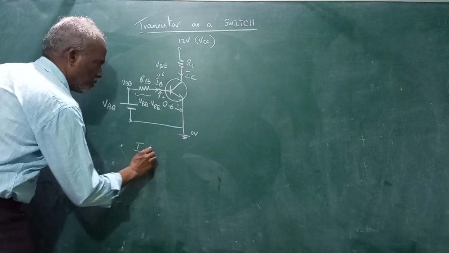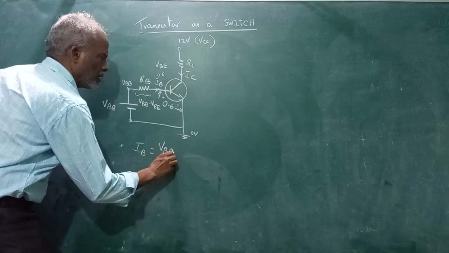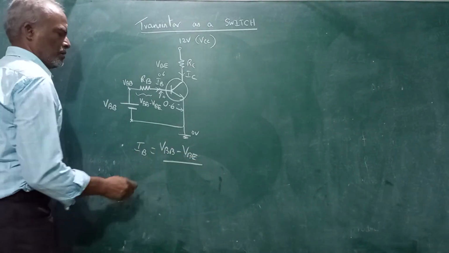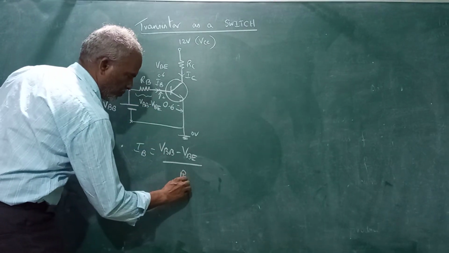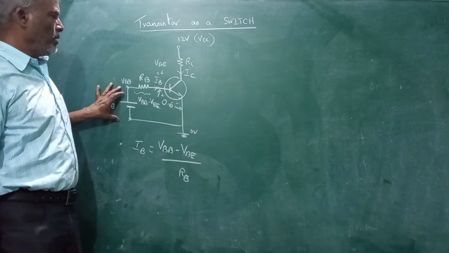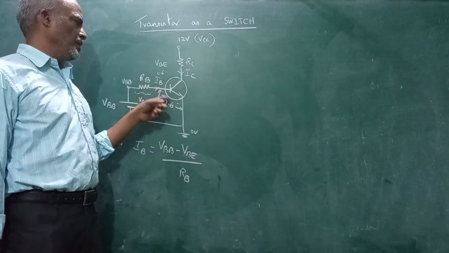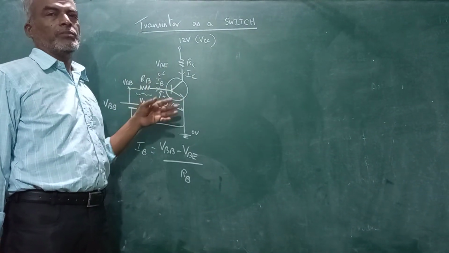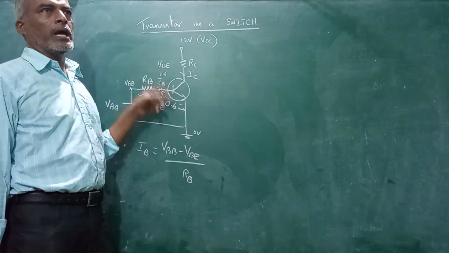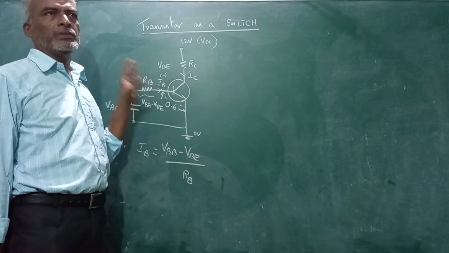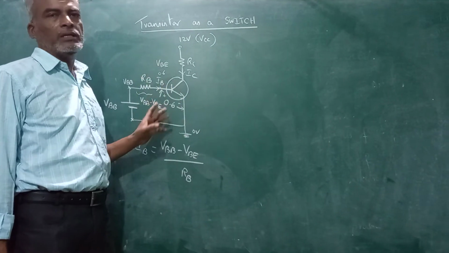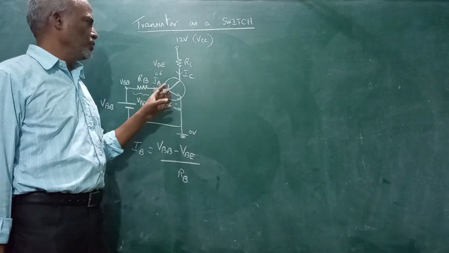IB is equal to VBB minus VBE divided by RB. If you know VBB and VBE, which depends on the material, 0.6 or 0.7 for silicon and 0.3 for germanium, VBE will change based on the semiconductor we are using.